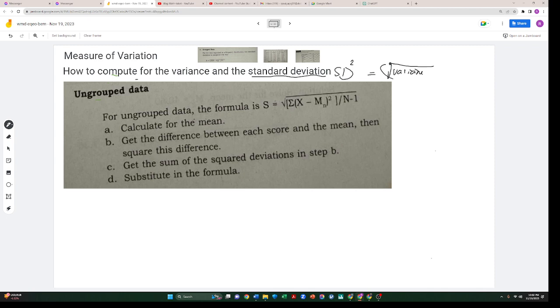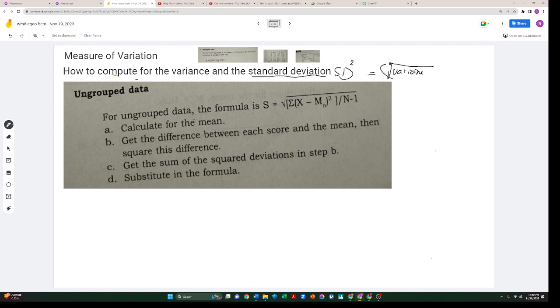Okay? So it is an average of the degree to which each score in the distribution deviates from the mean. So again, it takes the average of how far the scores are from the mean. So the standard deviation is very specific.